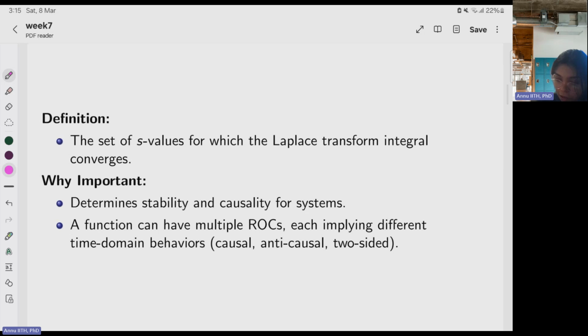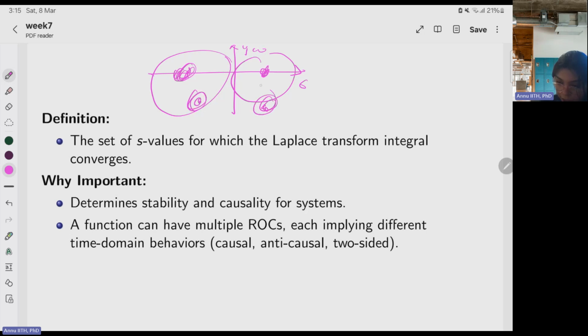Graphically, you have a plane with sigma and j omega. Whatever the set of values for which the integral converges and does not diverge, that is what the ROC states.